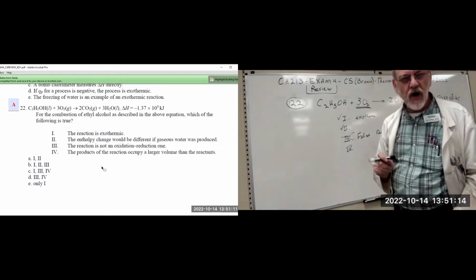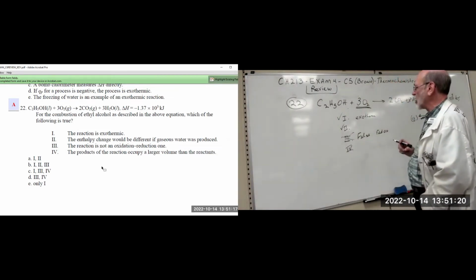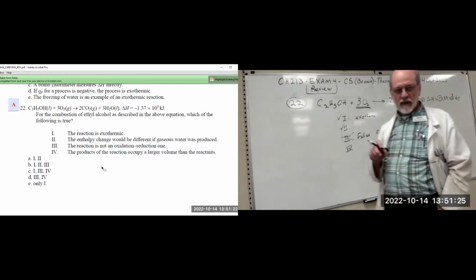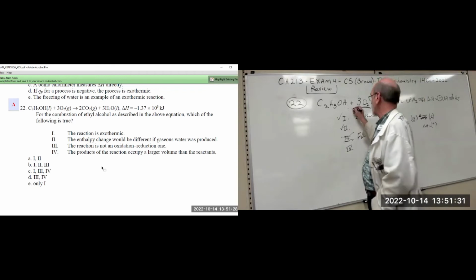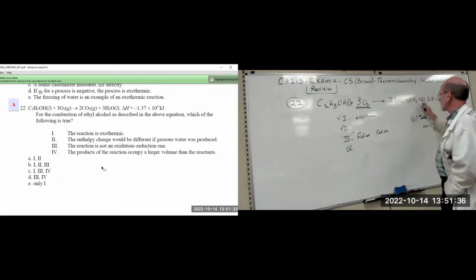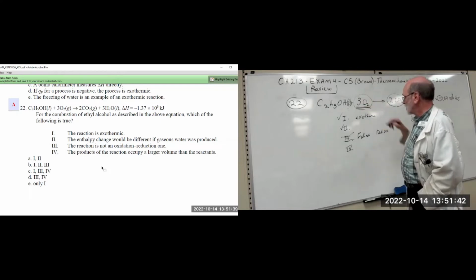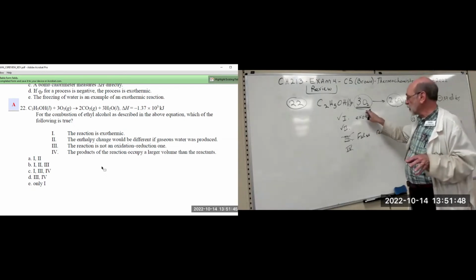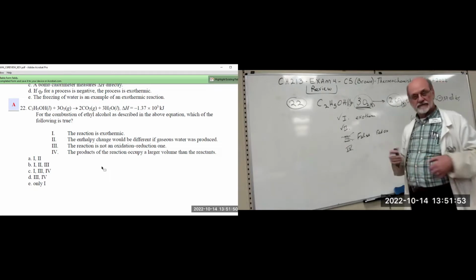4. The products of the reaction occupy a larger volume than the reactants. Okay. Well, this is a liquid, right? So its volume can be considered negligible. So all we have to do is compare this one to that one, right? All things being equal, you start off with 3 moles of gas and you end up with 2 moles of gas, right?